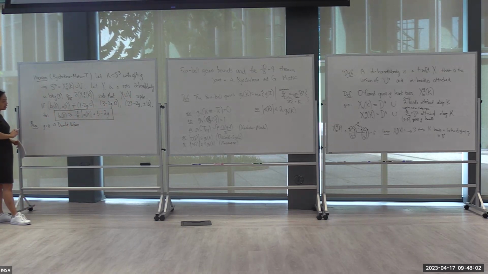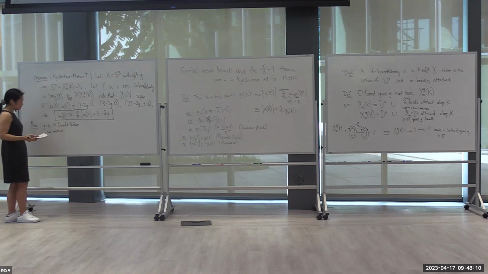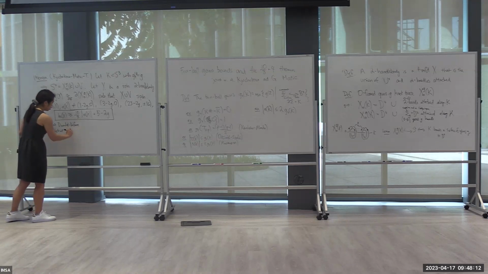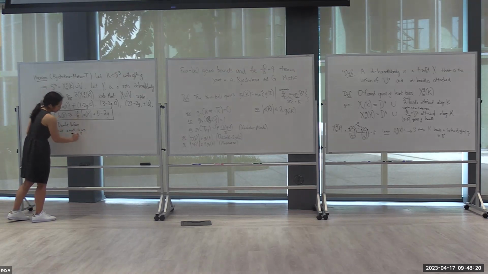Also in the genus 0 case, Donald and Vafaee show that this slicing obstruction can obstruct a knot from being slice, where being slice means the four-ball genus is equal to 0.